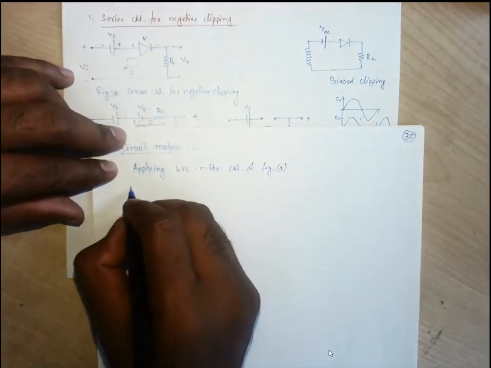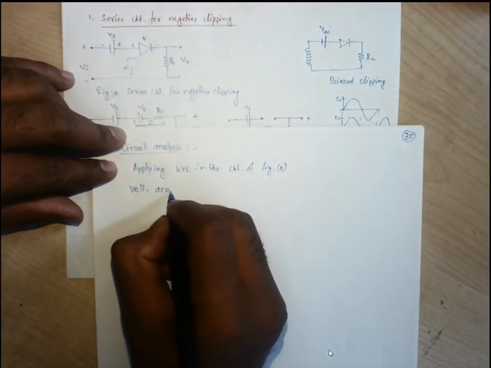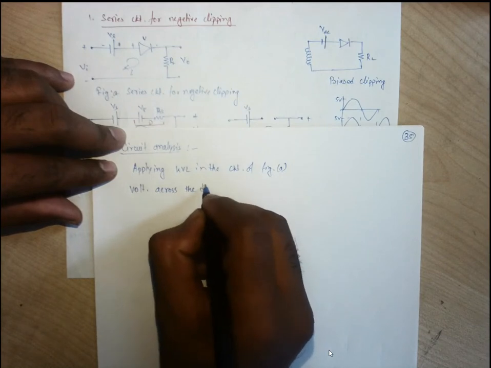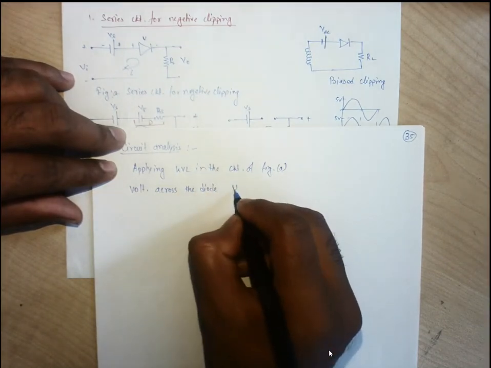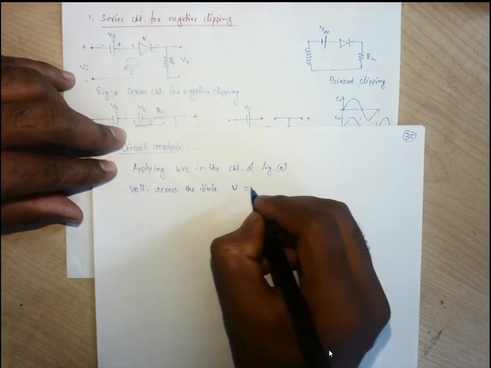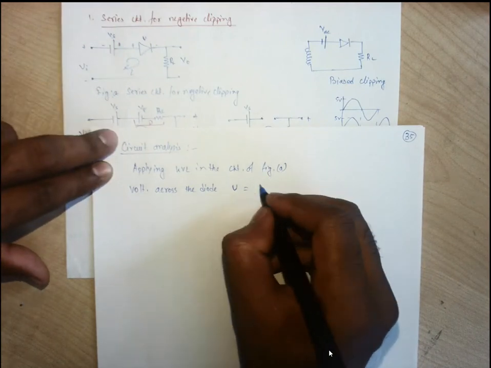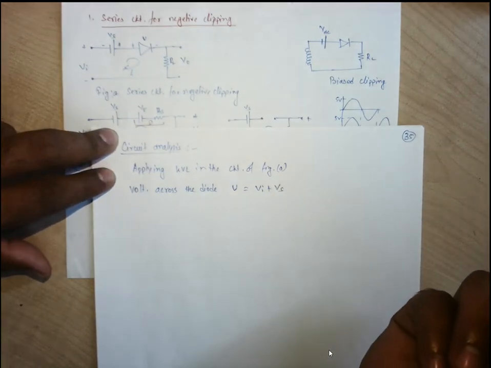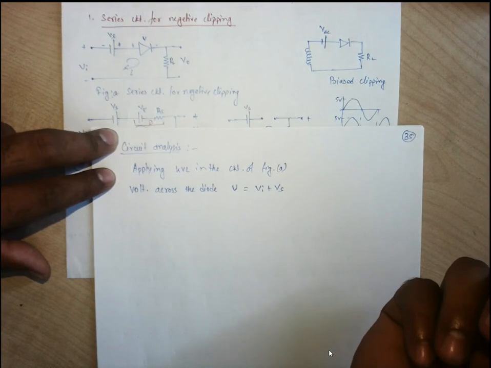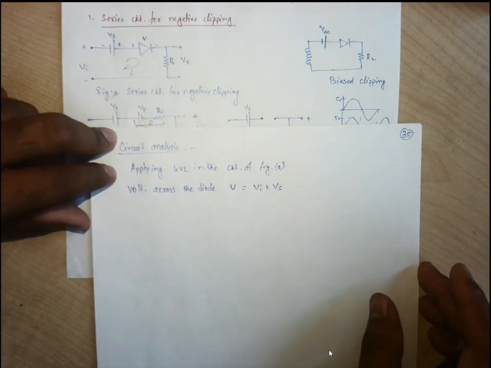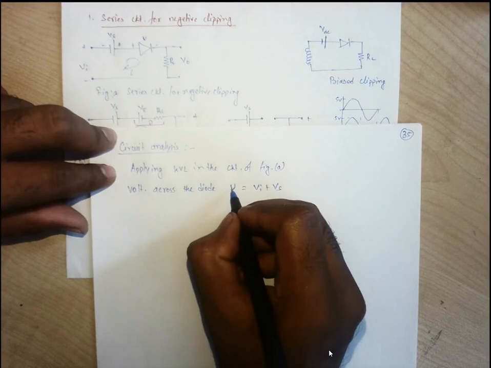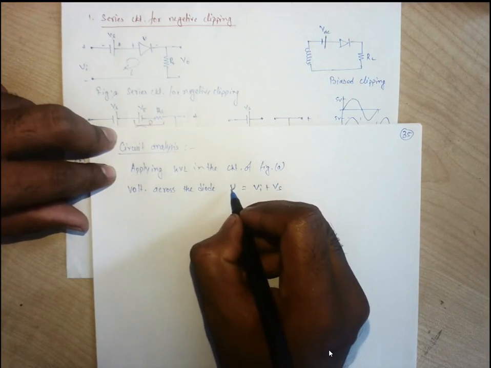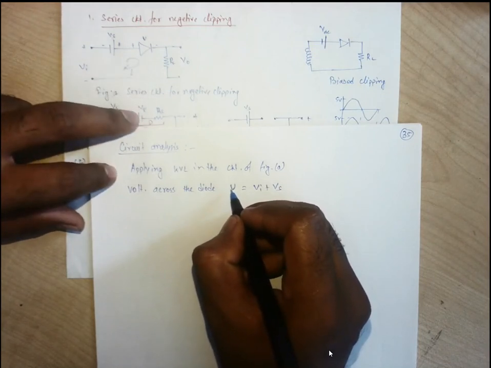The voltage across the diode V is Vi plus Vs. Okay. Now if we think that the diode is in the on state, then this V should be greater than the knee voltage V gamma, right?